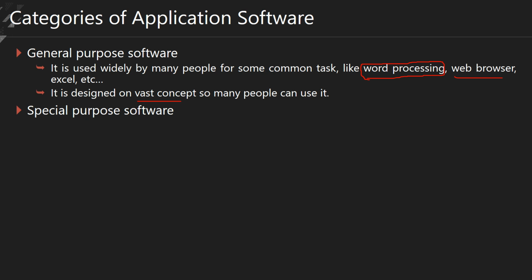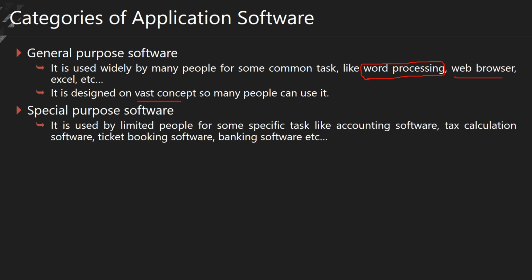The special purpose software is also there under the application software, which is used by only a limited number of people for a specific task. So suppose accounting software, tax calculation software, ticket booking software, banking software, which are very limited.